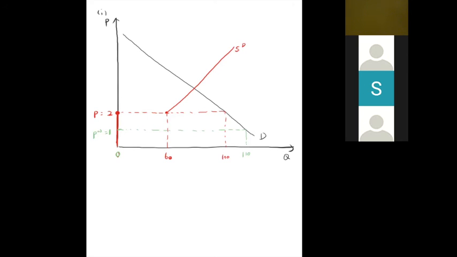After we impose this tariff, the equilibrium price in the domestic market becomes 2.